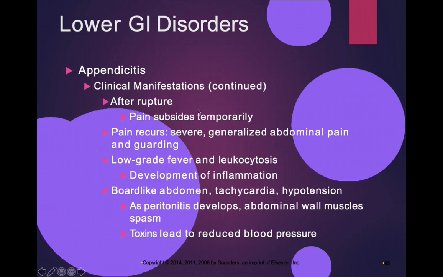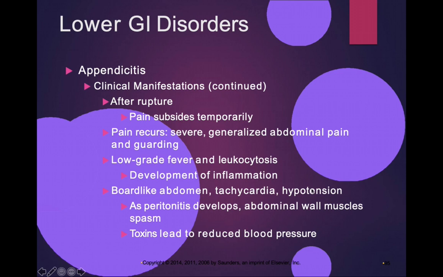Okay, so after the rupture, the pain subsides temporarily. The pain can reoccur. It could be severe. It could be generalized abdominal pain, and there still could be that muscle guarding. There could be low-grade fever with increased white blood cells, or the abdomen could be very, very tight and stiff. There could be tachycardia.